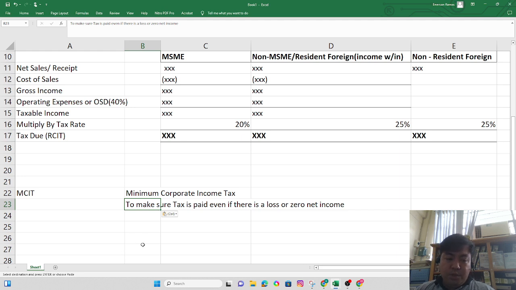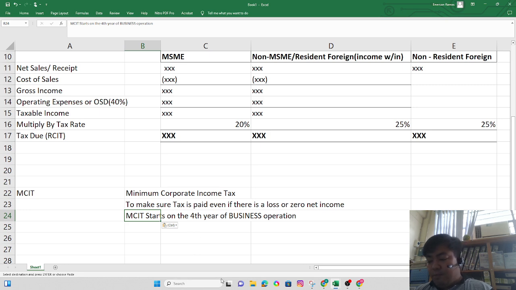or zero net income. However, the minimum corporate income tax starts only on the fourth year of business operation, meaning after the third year of commencement of business operation, the minimum corporate income tax will now be included on the fourth year of their operation.